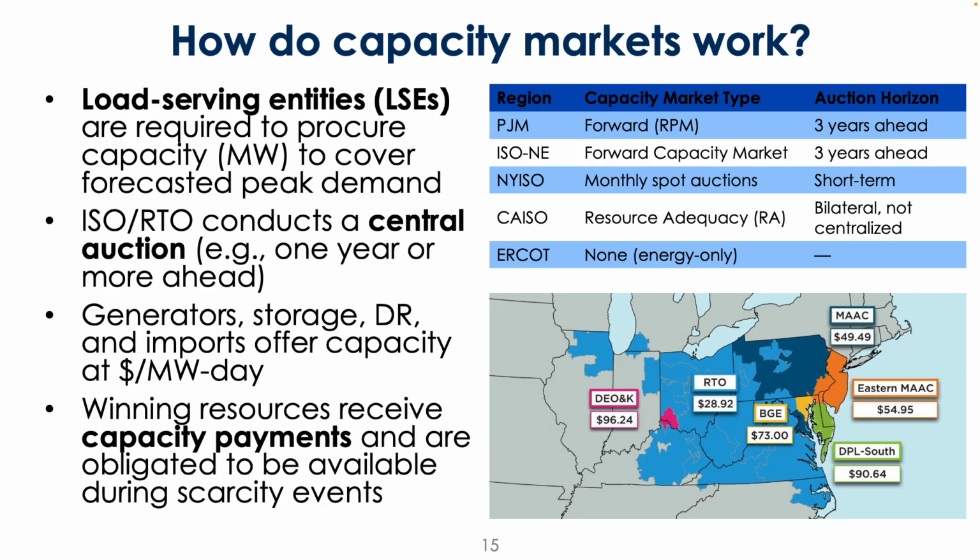So there's a couple of these different regions. PJM, New England ISO, New York ISO. These are all independent system operators in the Midwest and Northeast. They have similar but different capacity market types, where they do these 3 year ahead auctions. New York ISO does monthly ones.